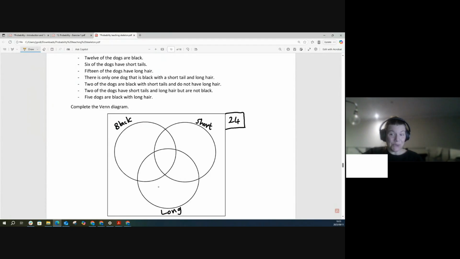Give it your best go. And then we can fill it in. Let's see if you can get this Venn diagram. Remember, when you add them all up at the end, you need to get 24. And if you don't get 24, something has gone wrong.